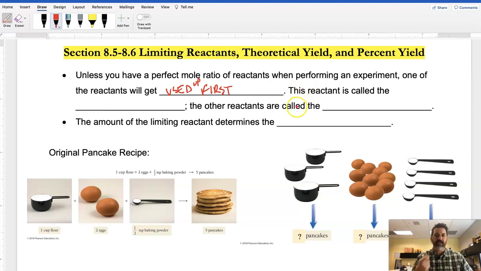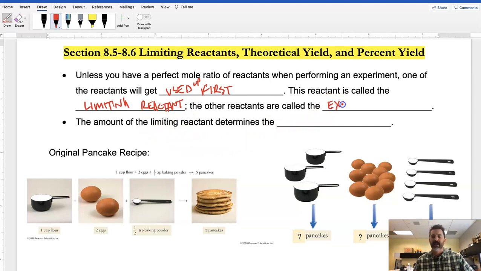So something is going to get used up. One of our ingredients is going to get used up first. This ingredient is called our limiting reactant. And again, reagent is just another word for reactant. So those are our ingredients, and one of them is going to get used up first. That's called the limiting reactant.